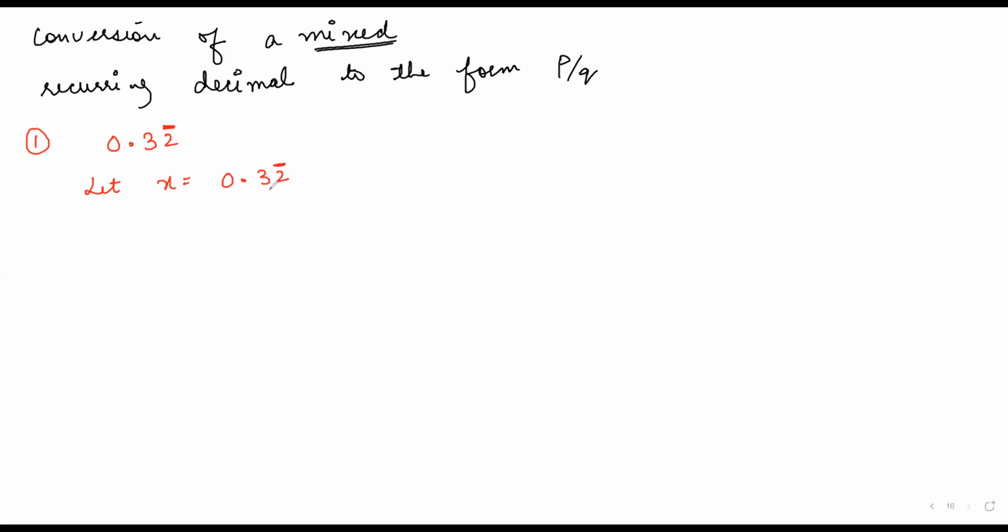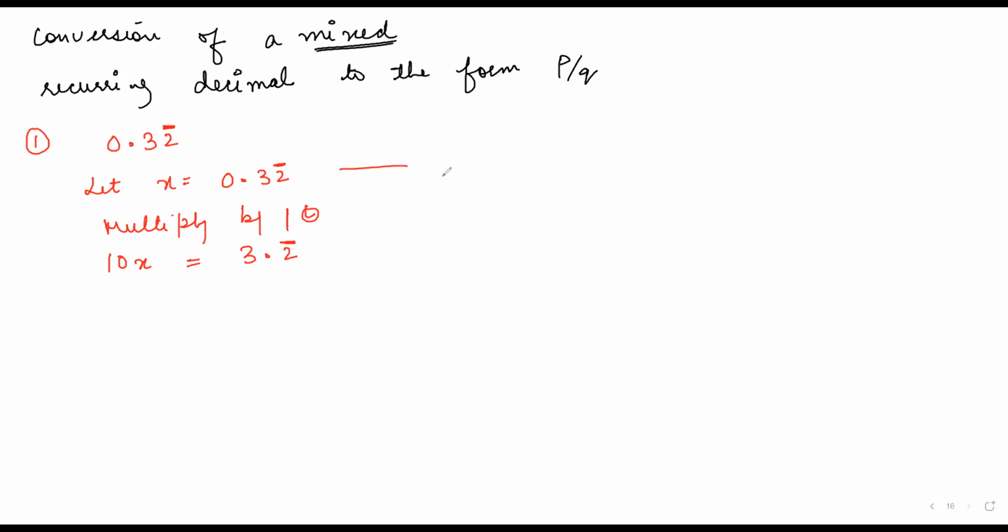So I'm going to multiply by 10, both sides. So I'll get 10x is equal to 3.2 bar now, right? So basically I want to keep only the recurring part after decimal and the other things I want to bring before the decimal. Clear?